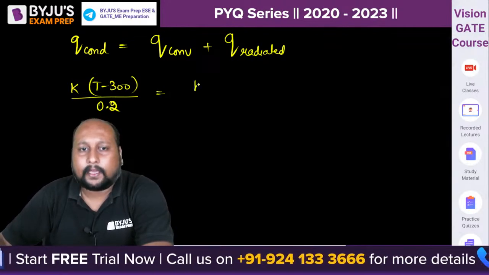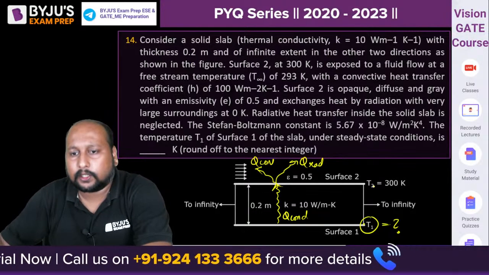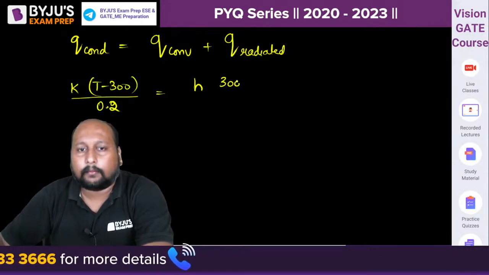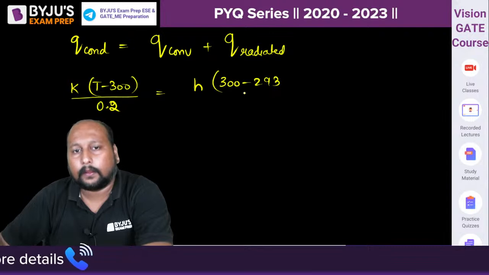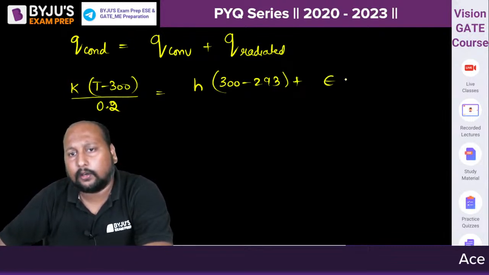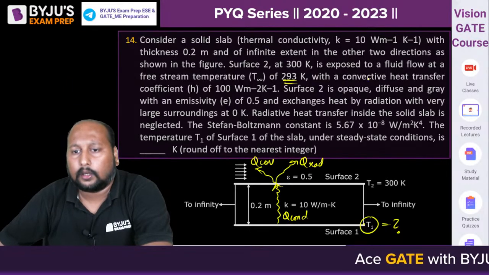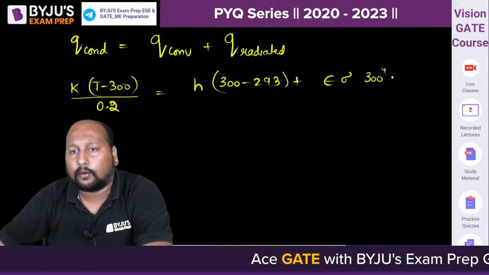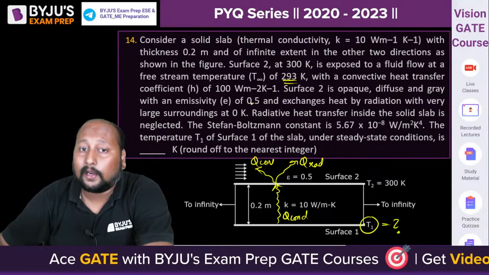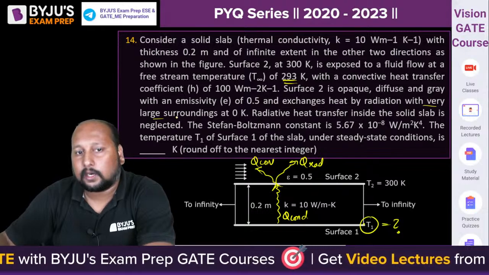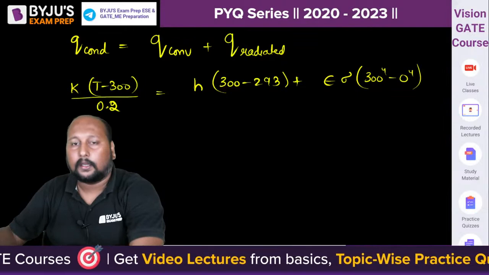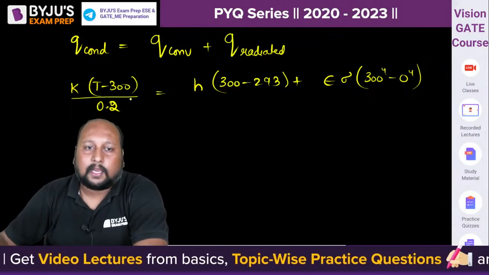This is equal to H into the temperature, from 300 to the surrounding temperature of 293: 300 minus 293, plus effectiveness into sigma into 300 to the power 4 minus 0 to the power 4. Why is it 0? Because they are saying that it is extended to a very large surrounding having a temperature of 0 Kelvin. So we are having an exchange of heat from the surface to the surrounding, right? So from here you can get the value of T.